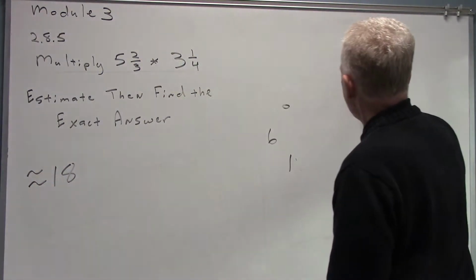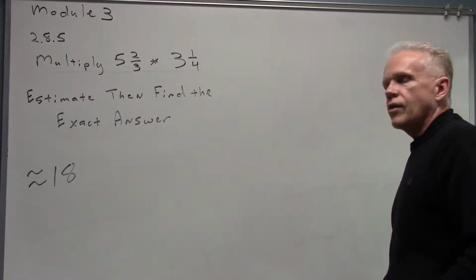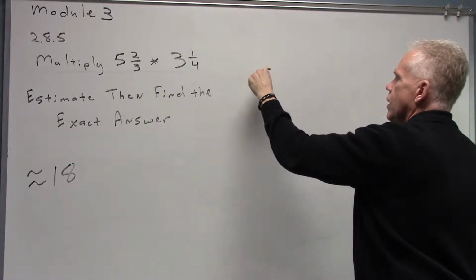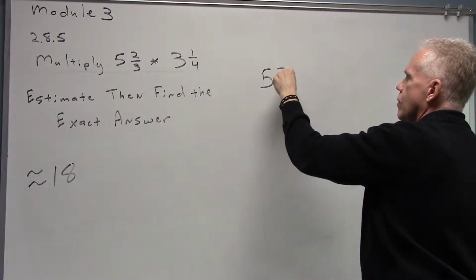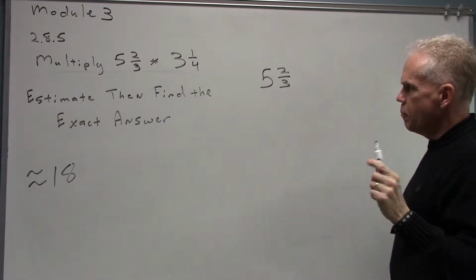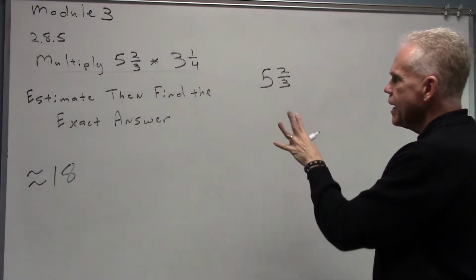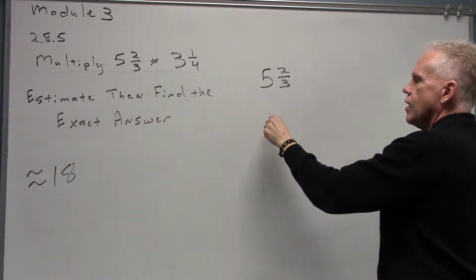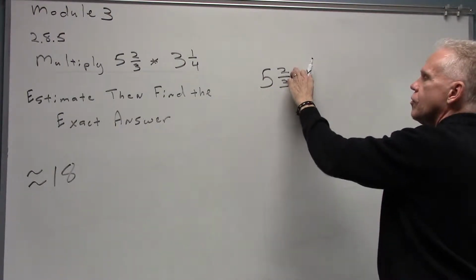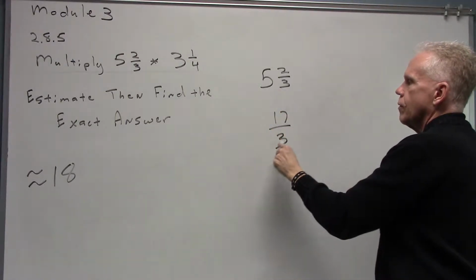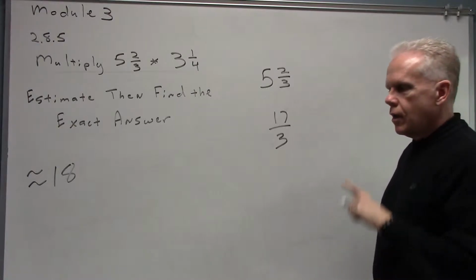Now, let's do our exact work. First of all, our 5 2/3, we're going to need to change that into an improper fraction. To do that, we'll do 5 times 3 is 15, plus 2 is 17. So my numerator will be 17 and my denominator is still 3.